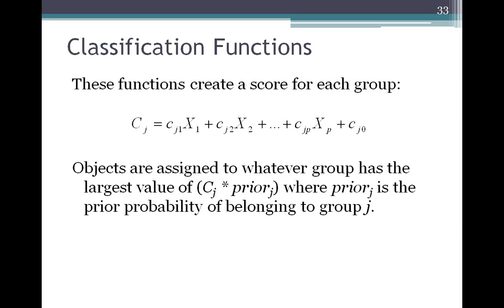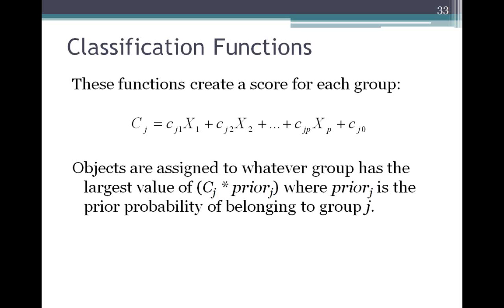Now, this is useful for classifying the objects. In fact, objects will be assigned to whatever group gives the largest value of C sub j times a prior, where prior is the prior probability that it belongs to group j.